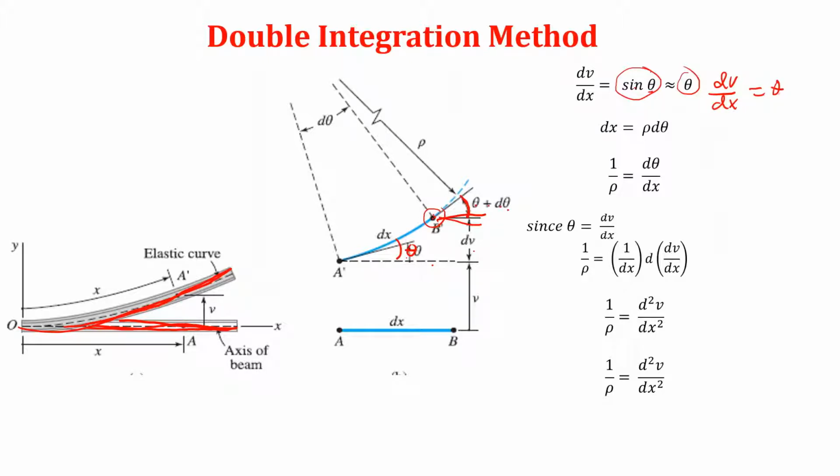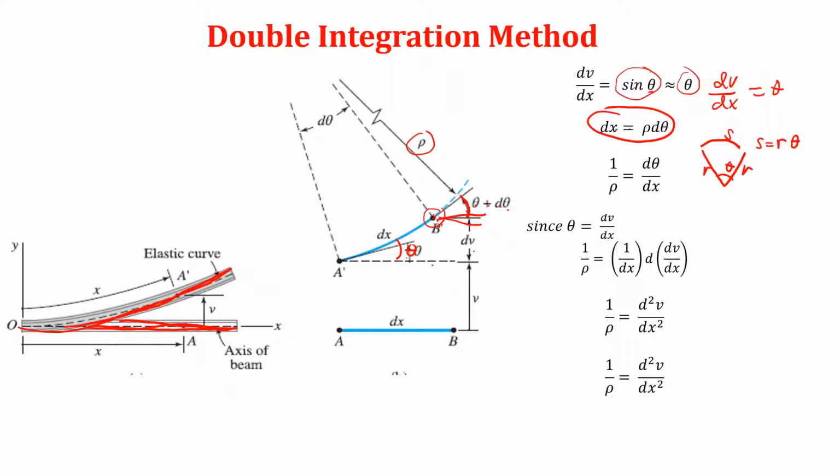Alright? And then, we all know that the curvature is equal to the radius rho. Rho is the radius of the curvature times the differential angle. Remember arc length? The arc s is radius times theta.